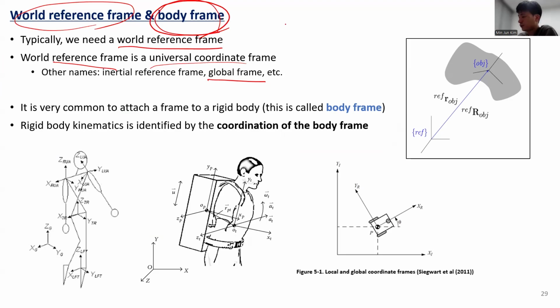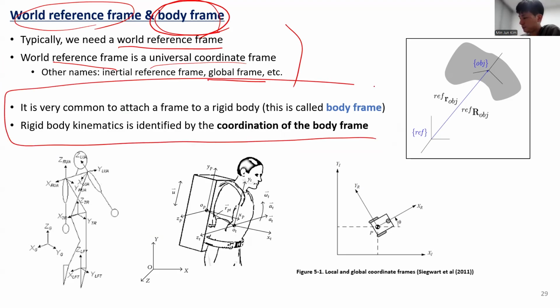I think I don't have to explain what a reference frame is. Body frame is here. In robotics, it's very common to attach a frame to a rigid body, and that's called a body frame.